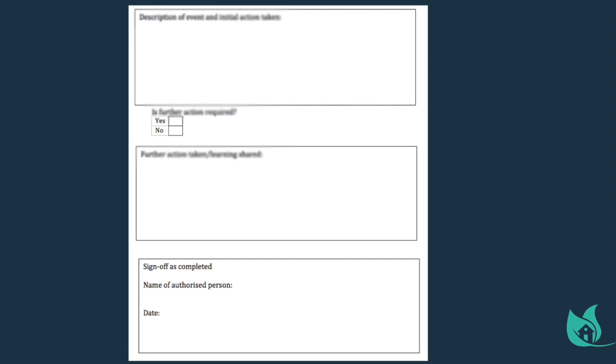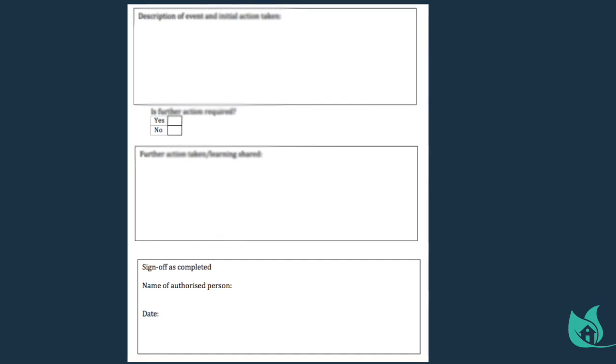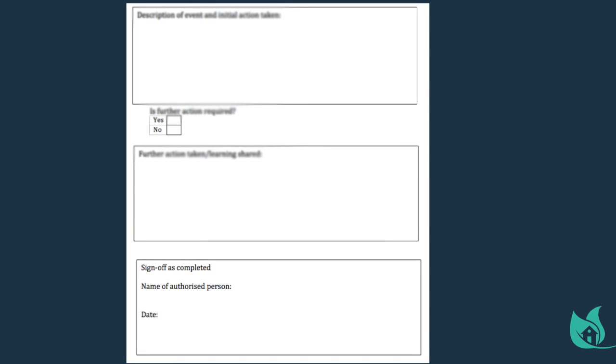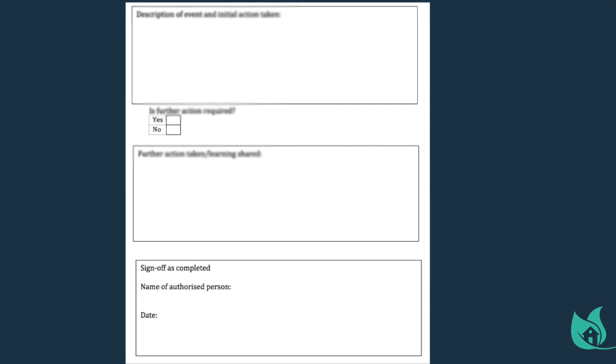But during your meeting, you might have discussed some things that you want to ensure take place from a health and safety perspective. This is where you'd take further action required, and you would write that further action in there. What are the next steps? What's required?